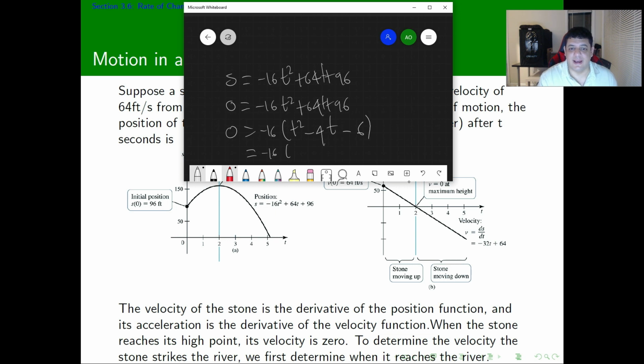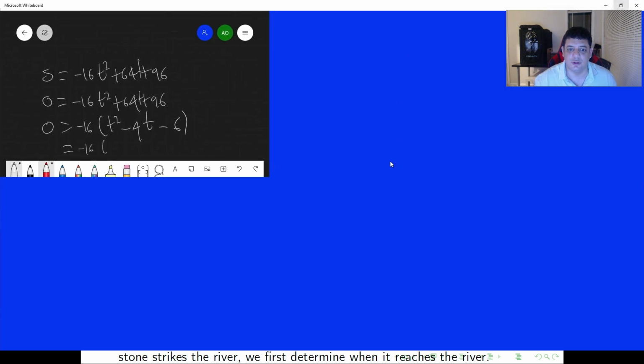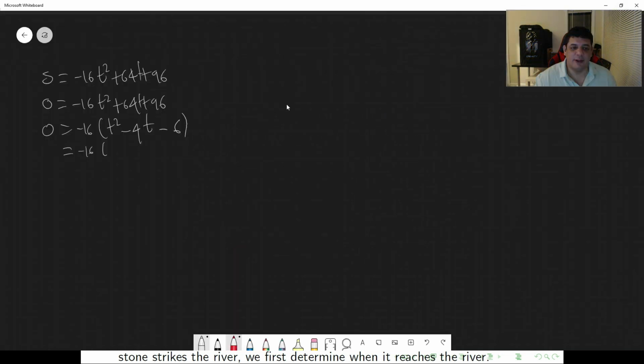We don't really have numbers that go with those conditions, because numbers that multiply to give you 6 are 3 and 2, and 6 and 1, right? And there's no combination of that so that you can get a minus 4 in here.